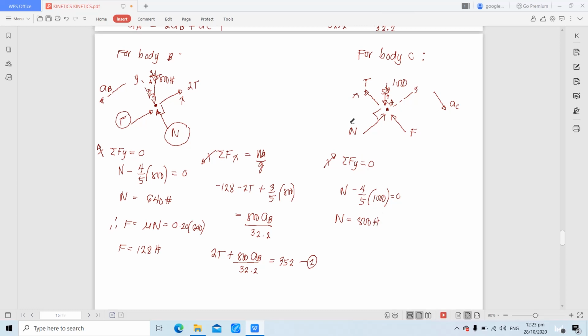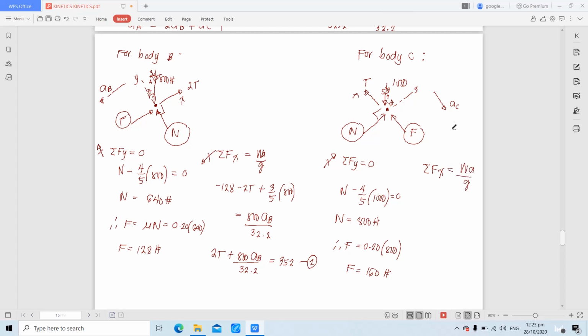Pag nakuha natin si normal force, makukuha natin si friction force. Therefore, friction force is mu N, and mu is 0.20 also. Normal force is 800. So, friction force is 0.2 times 800, 160 pounds.